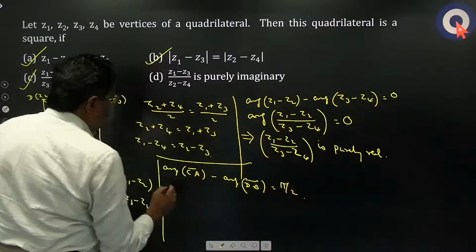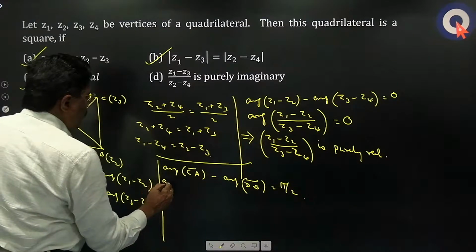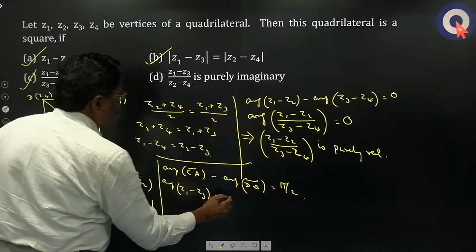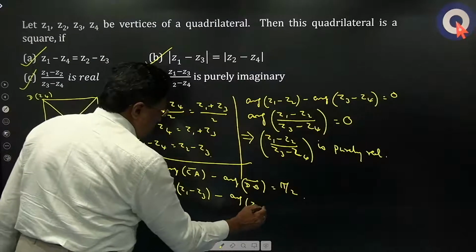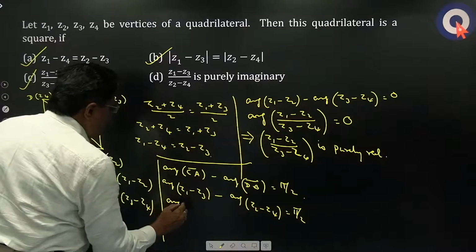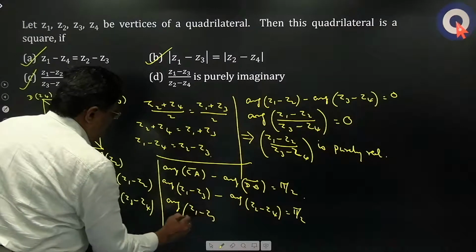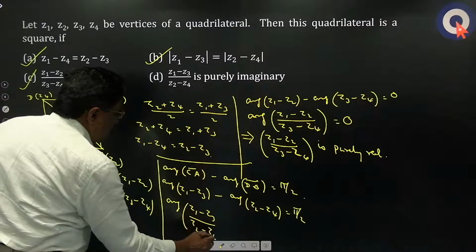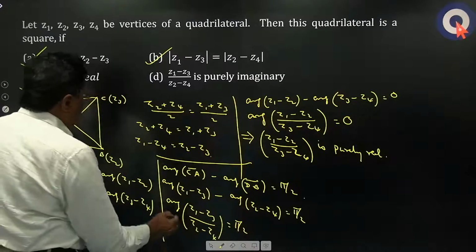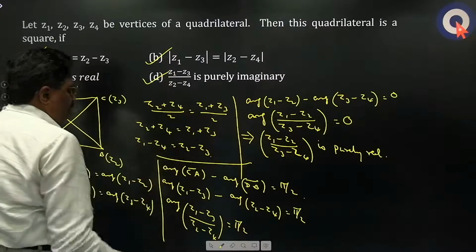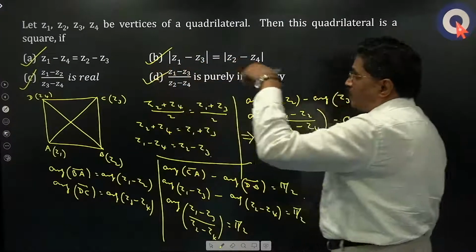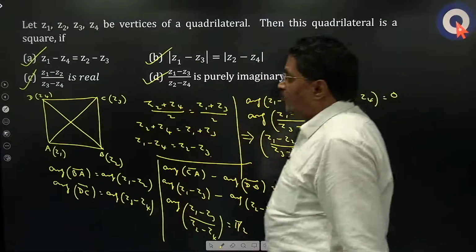So therefore, argument of Z1 minus Z3 minus argument of Z2 minus Z4 is equal to pi by 2. So in other words, argument of Z1 minus Z3 by Z2 minus Z4 is equal to pi by 2. The argument of some complex number is pi by 2 means this complex number has to be purely imaginary. So therefore, all the 4 options will be correct if this quadrilateral becomes a square.